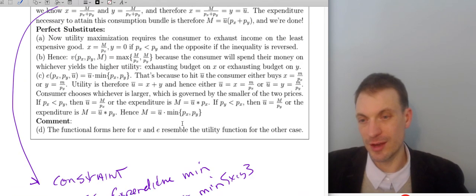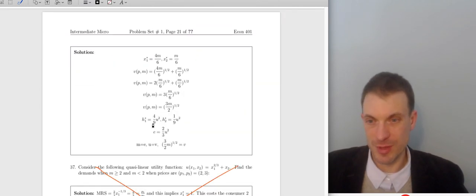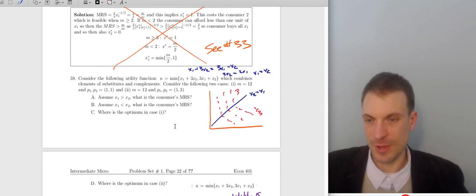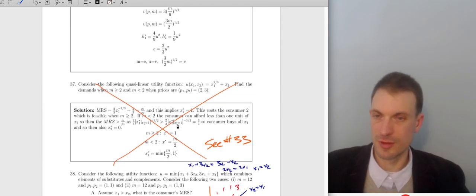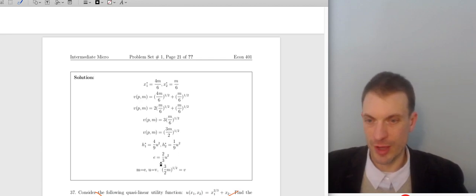And if you do that, our Hicksian demands are going to be 4/9 u squared and then 1/9 u squared. I don't think I have this. It's super frustrating. Okay, and then the rest of it was just an algebraic manipulation.